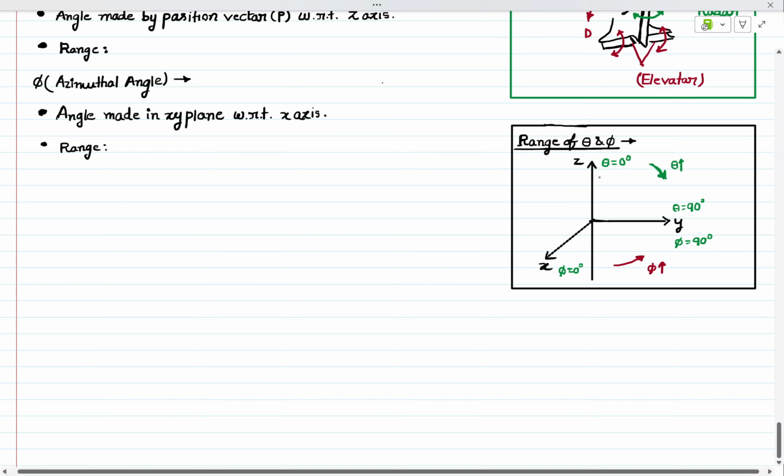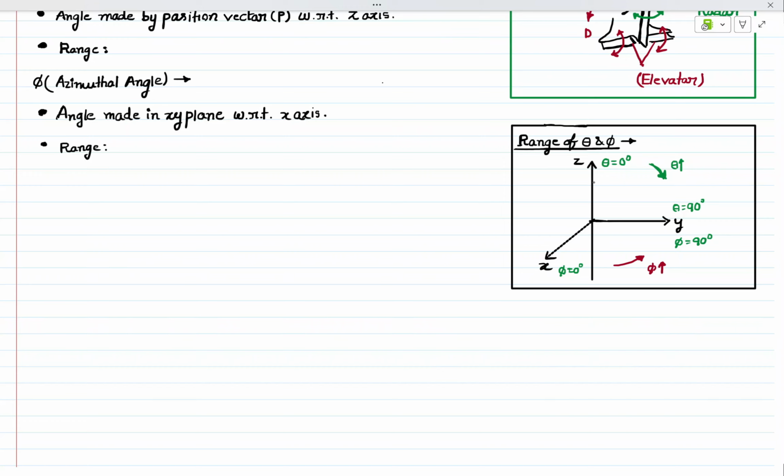Now see, if I vary theta from 0 degree to pi, like this, this is theta equal to pi, then it will form a semicircle.